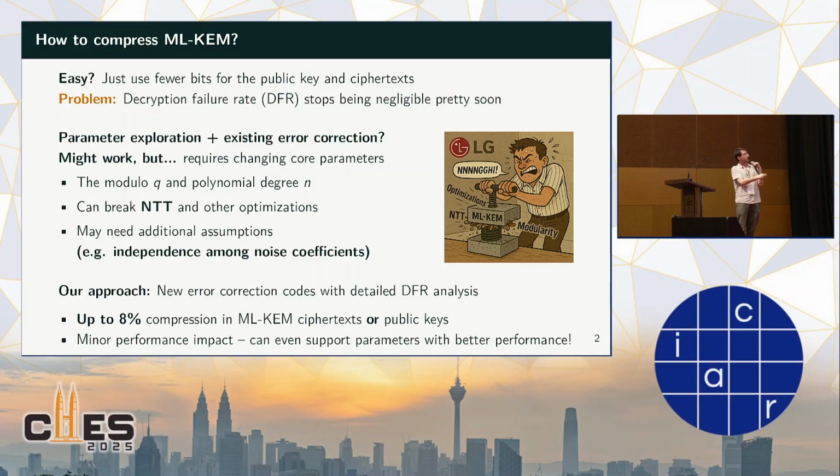So our approach ended up being to devise a new error correction code, very suitable for lattice schemes, that comes with a very detailed DFR analysis, so that we don't need independence assumptions on the noise coefficients. And it allowed us to get up to 8% compression in ML-KEM ciphertext or public keys with a minor performance impact. And we can even support parameters with better performance.